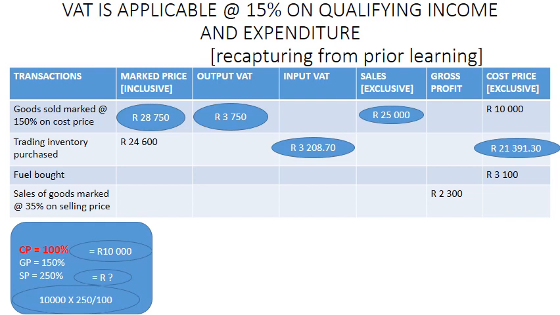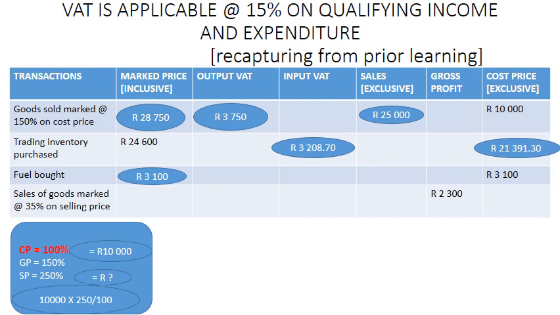Fuel is zero rated, therefore the total amount paid in that line transaction will be 3,100. In the last line transaction, sales of goods marked at 35% on selling price were sold at a gross profit of 2,300.